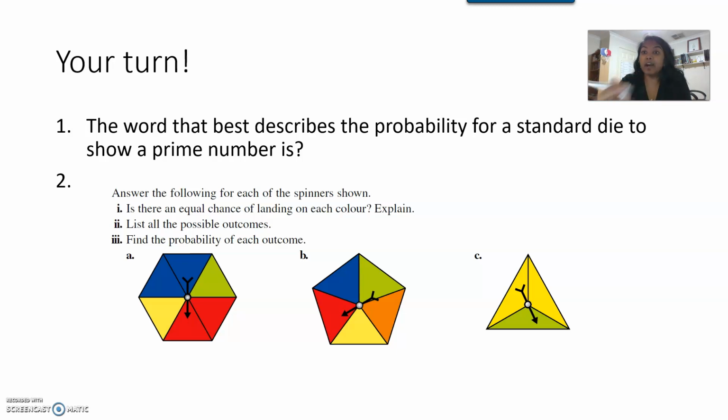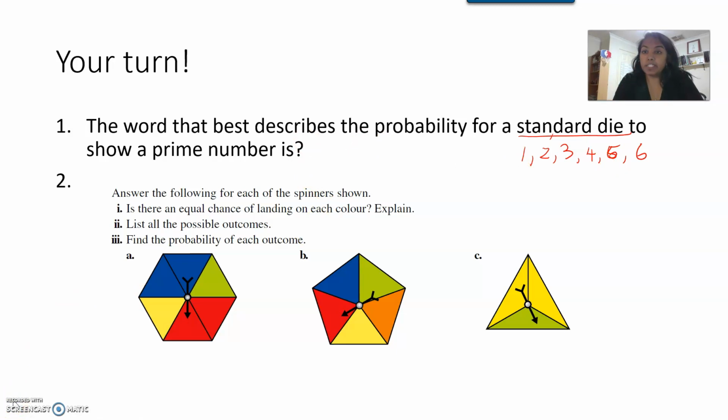In a standard die, that's a key word, standard die means it has 1 to 6. I can't even count, how embarrassing. Out of those, which ones are the prime numbers? And you put it as a fraction.